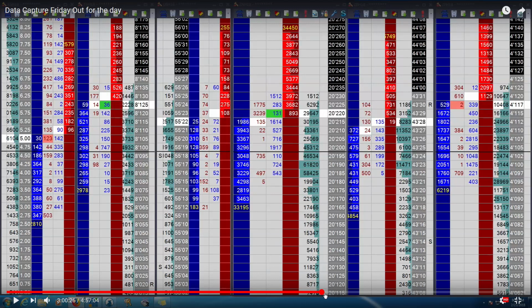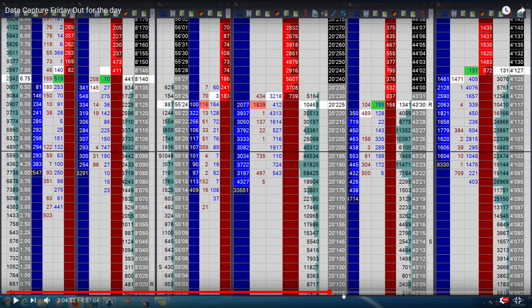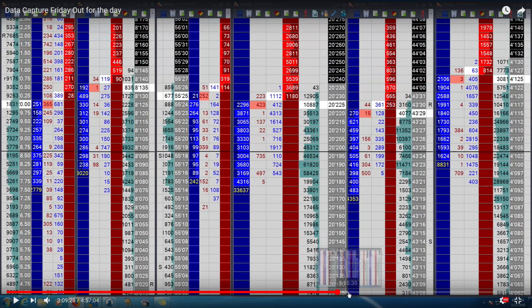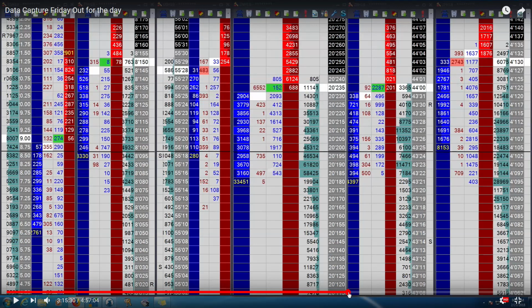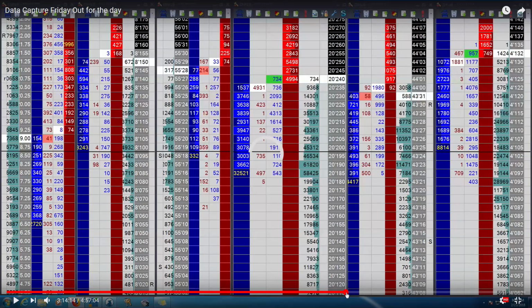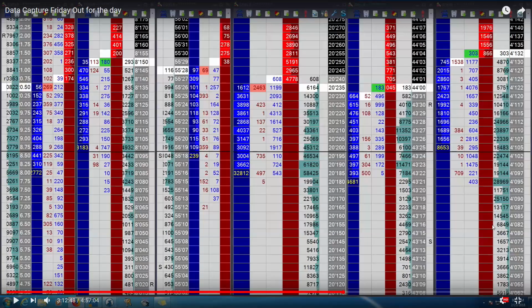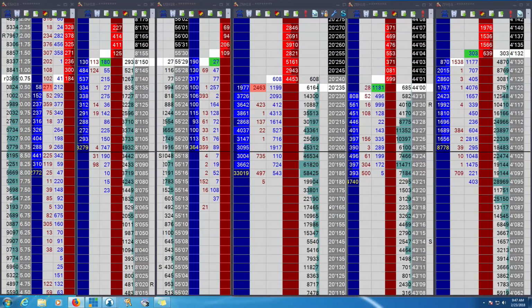That's like a resistance zone I marked a long time ago. Right there, at 44, it just halts. There, here we go. Let's see what happens at 47.